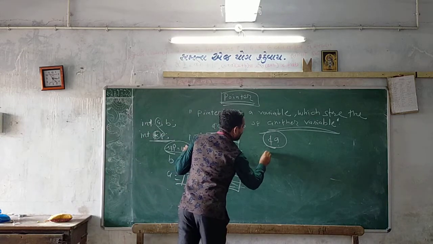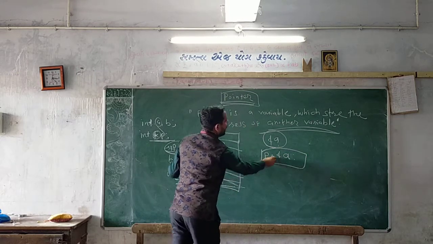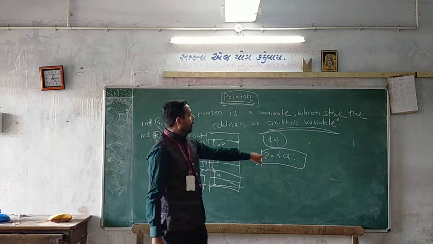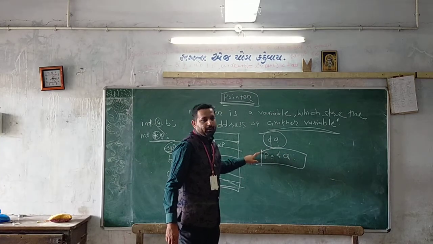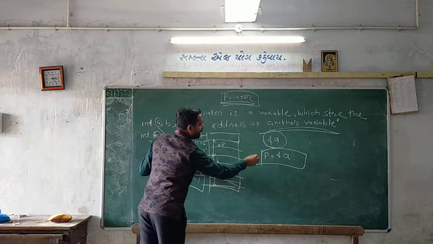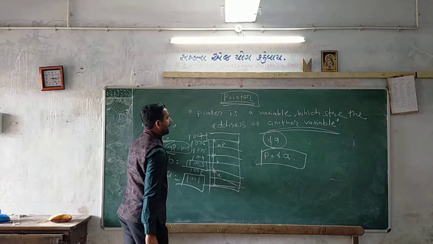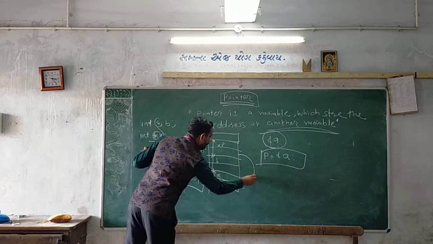Now we see how to store the address in a pointer. Suppose p = &a. That indicates the address of a is stored in pointer p. This statement directly indicates that pointer p points to a.